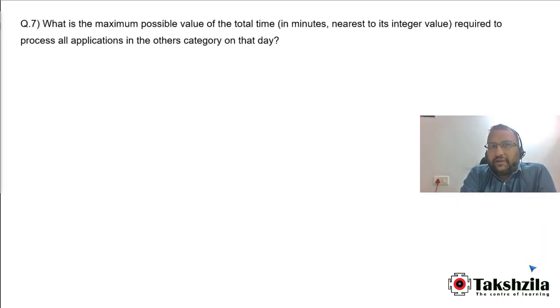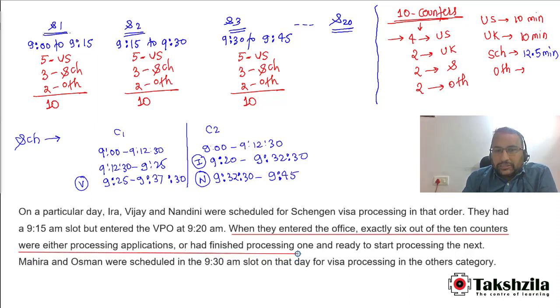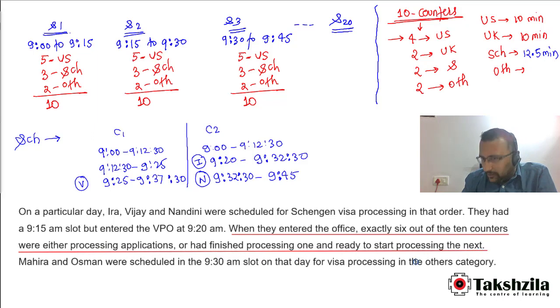After this, question number 7: what is the maximum possible value of the total time required to process all the applications in the others category on that day? So over here we need to find the per application time for the others category. For that we need to take the help of the statement: when all three people Ira, Vijay, Nandini entered into the office, exactly 6 out of 10 counters were either processing applications or had finished processing and ready to start the next processing.